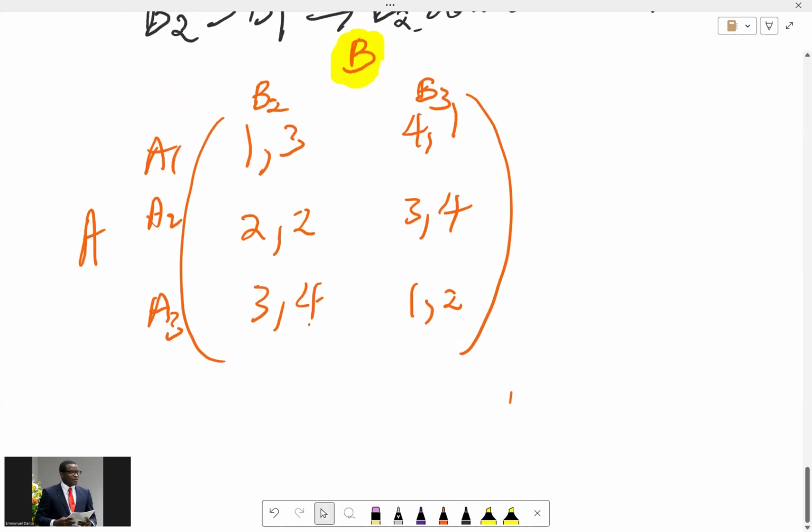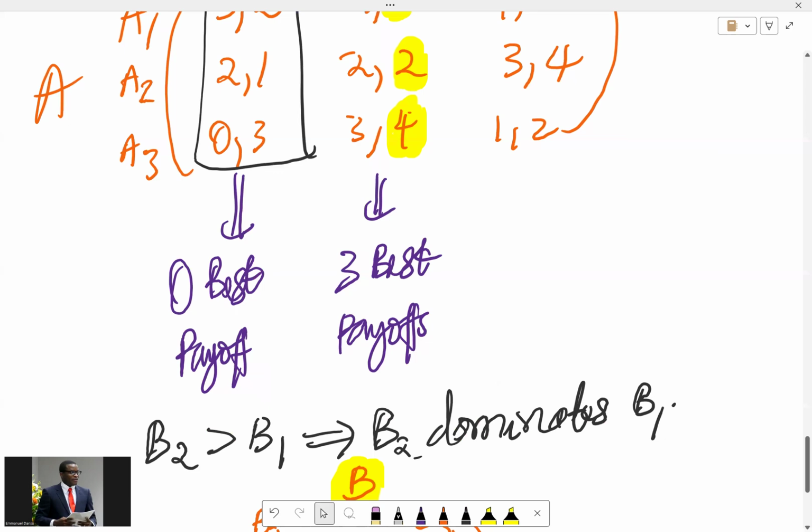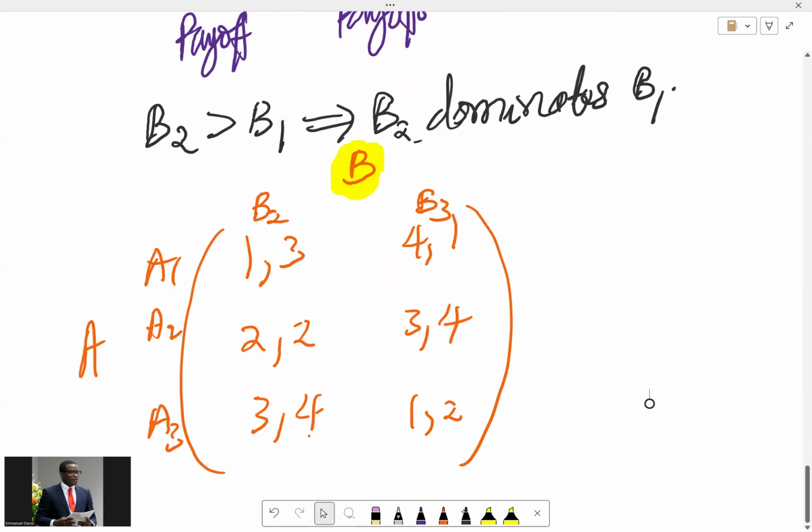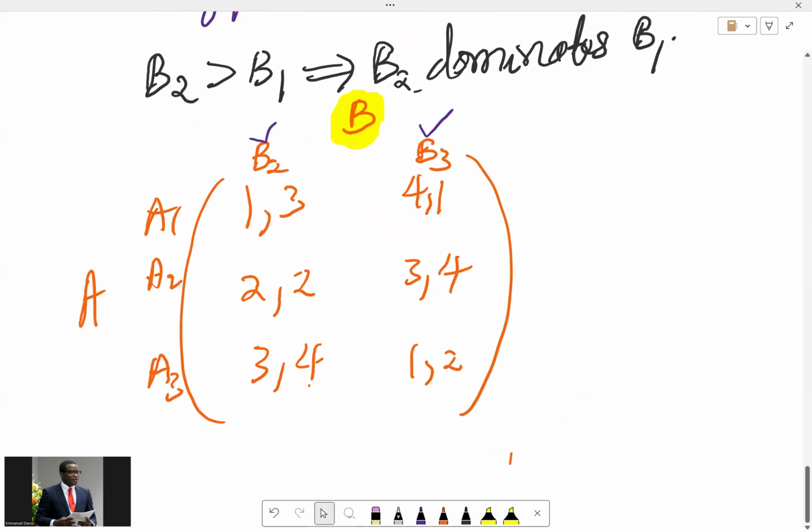So here, what do we do? Again, we go and check like that. So now we are comparing strategies B2 and B3. If player A chooses strategy A1, the best payoff is from B2. Then if player A chooses strategy A2, the best payoff is coming from B3.